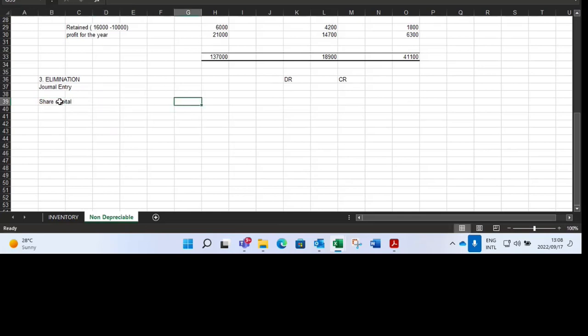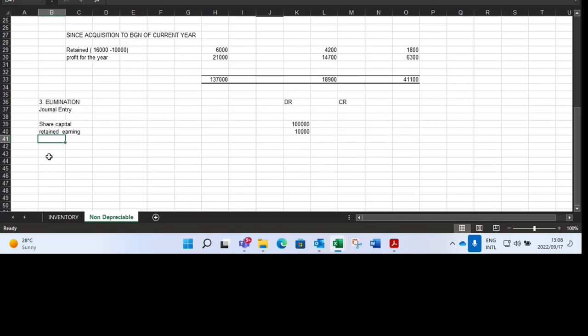The share capital of the subsidiary was 100,000, so on the debit. Then we're going to have retained earnings, which was 10,000 on the date of acquisition, and then goodwill, which is nil.